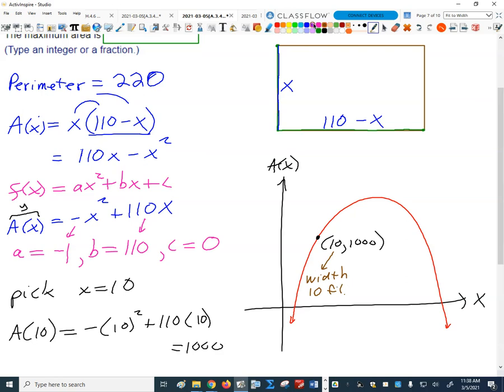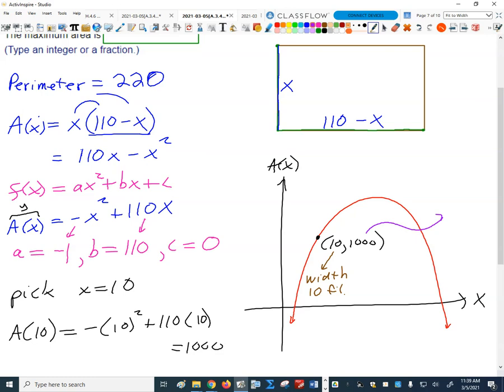Okay, what does the 1,000 represent? That's my y coordinate. Now my y is really a function here. It's a of x. So what does a stand for? That's my output. What's the 1,000 telling me?